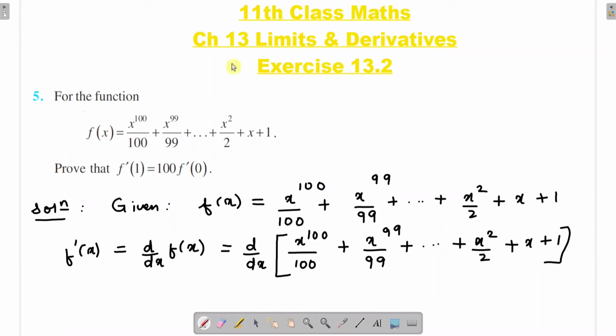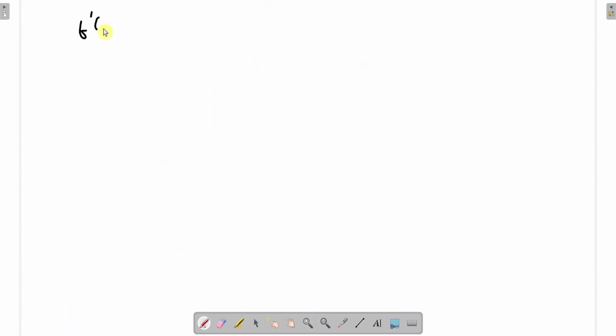Now we have to use property 1 of algebra of derivatives, that is the property of addition. So the derivative of a sum of functions is the sum of their respective derivatives. That means the derivative you can apply to each of the terms in the sum. So what we will get? We are calculating f prime of x.